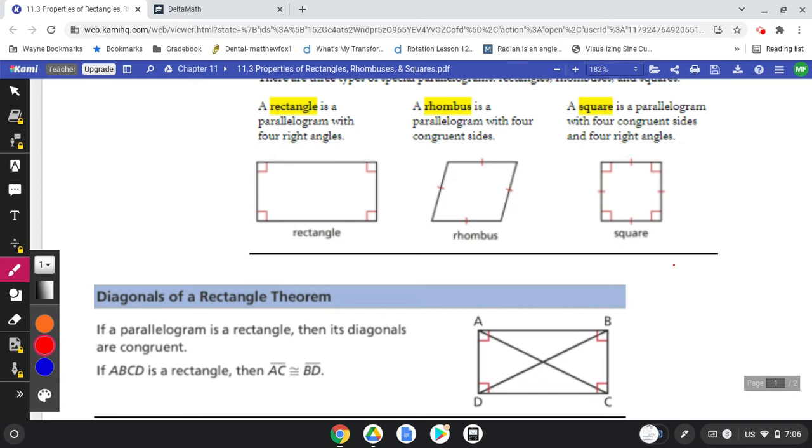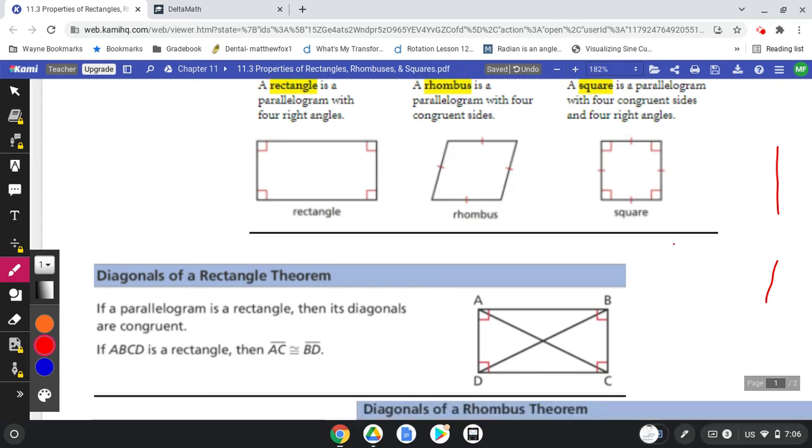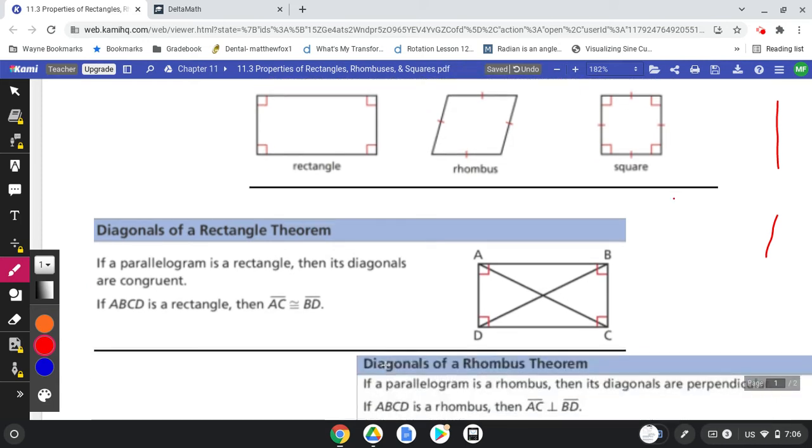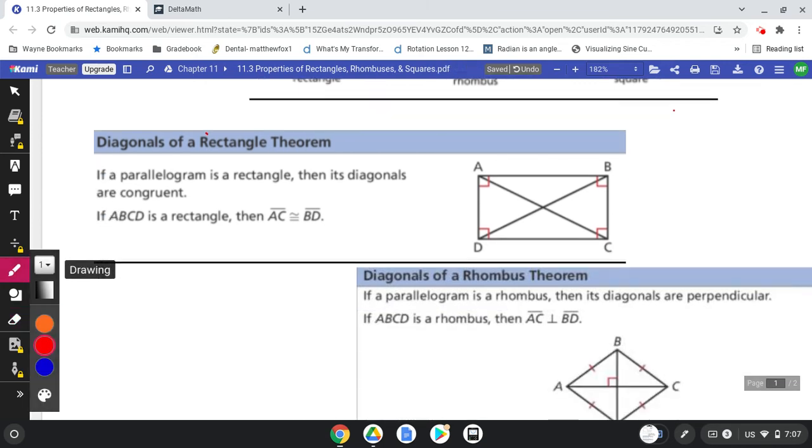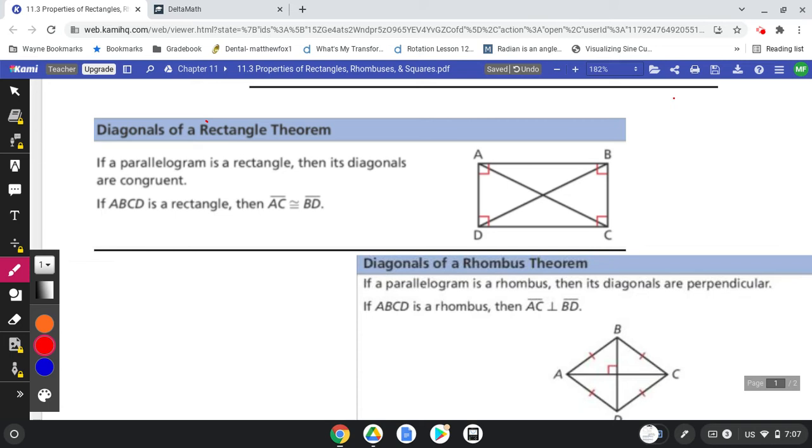And finally, then, the diagonals of these parallelograms have a few special rules as well. So if we look here, the diagonals of a rectangle.